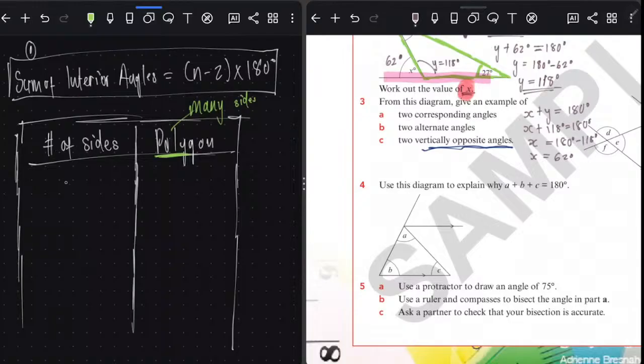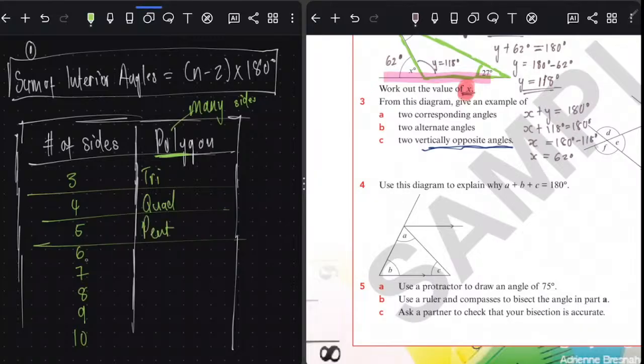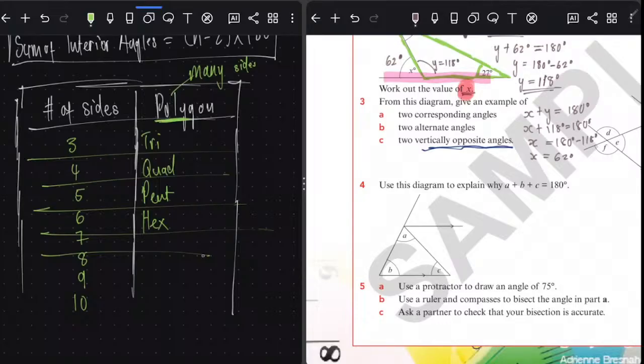So here, number of sides: 3, 4, 5, 6, 7, 8, 9, 10. 3 is tri. 4 is quad. 5 is pent. 6 is hex. 7 is hept. 8 is oct. 9 is non. 10 is dec.